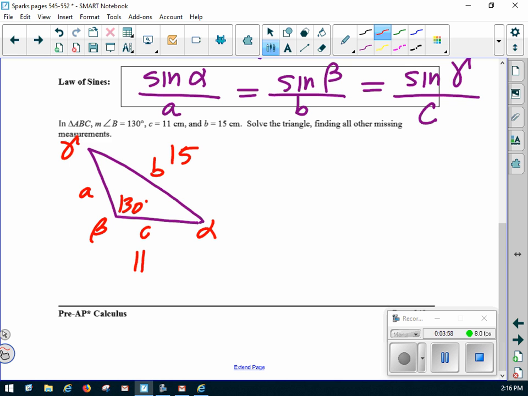Do we know an angle and its opposite side? Yes. Which one? I'm going to use sine of beta over b, because I know both pieces of that, right? Now, for the other fraction I use, I just have to know one part.